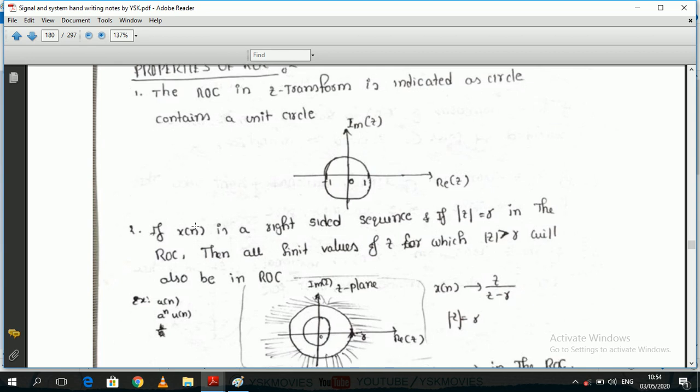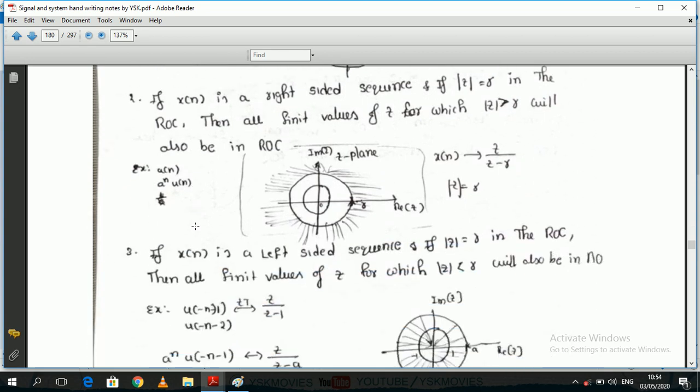The ROC of the z transform is indicated as a circle containing the unit circle. This is the first point. And the second point: if x of n is a right-sided sequence, then all finite values of z for which z is greater than r will be in the ROC. That means outside of the circle.